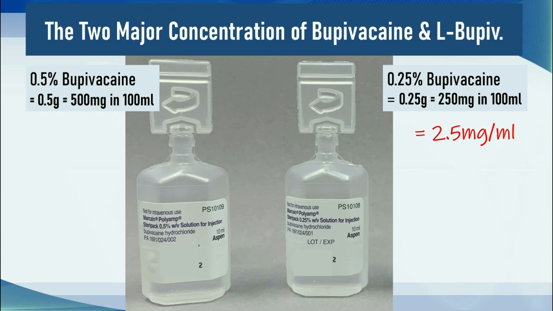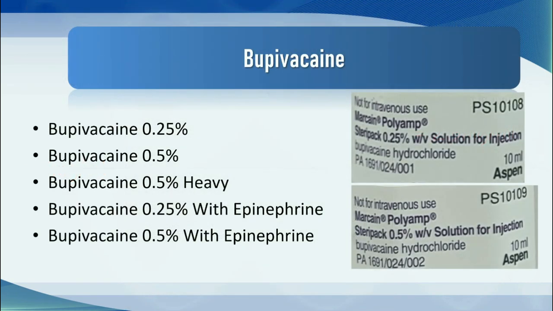On the left-hand side, there is 0.5% bupivacaine, that's twice the strength, 0.5 gram per 100 ml, or 500 milligrams in 100 ml, or 5 milligrams per ml. Bupivacaine comes in many different forms. The 0.25, the 0.5, there's one called 0.5% heavy that I'll explain later on, as I will for 0.25 with epinephrine and 0.5 with epinephrine.